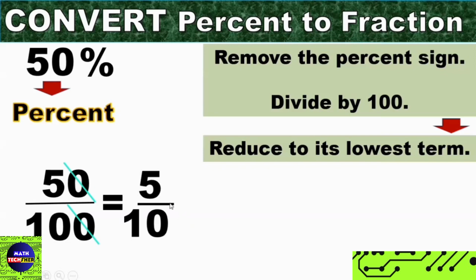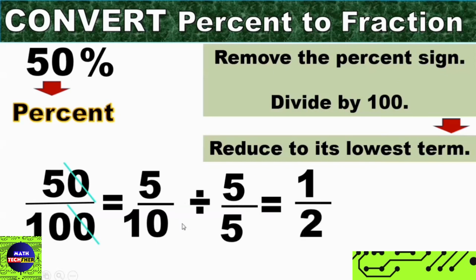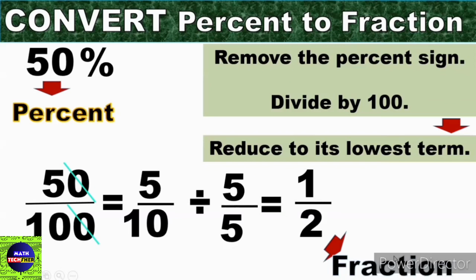And then divide by the greatest common factor of 5 and 10, which is 5. So 5 divided by 5 is 1, 10 divided by 5 is 2. So now we have 1/2, and that is a fraction. So 50% is equivalent to 1/2 in fraction. Okay, that is how to convert percent to fraction.